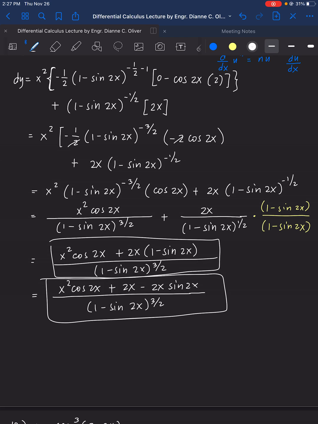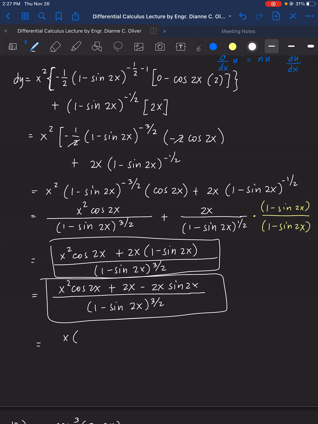So x squared cosine 2x plus 2x minus 2x sine 2x all over 1 minus sine 2x raised to the power of 3 halves. Okay, or it's another answer here.